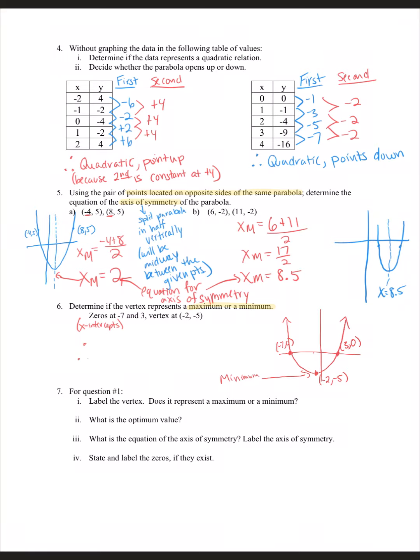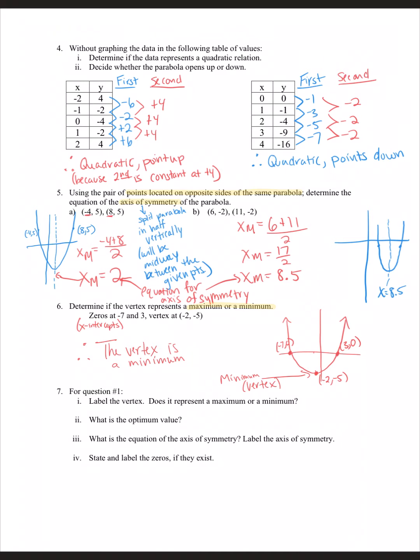Therefore, the vertex is a minimum. And let's just label that again. So this is not only my minimum, but this is also my vertex on this drawing. That vertex is that turning point.